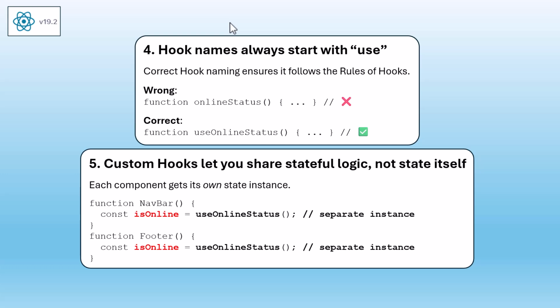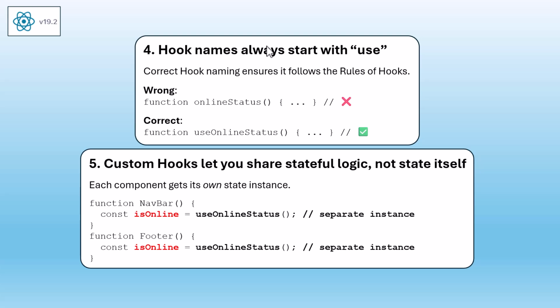5. Custom hooks let you share stateful logic, not state itself. An important nuance: when you extract logic into a custom hook, you are sharing the logic, but you are not sharing the actual state instance across components, unless you explicitly cross component boundaries in other ways. In other words, each time a component calls that custom hook, it gets its own independent state and effect scope.